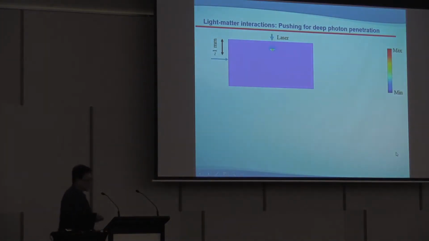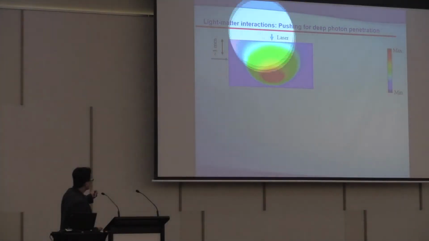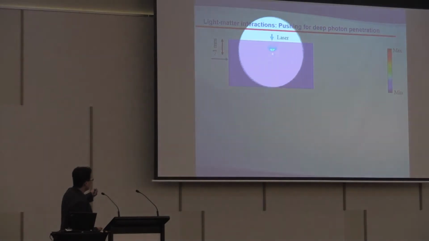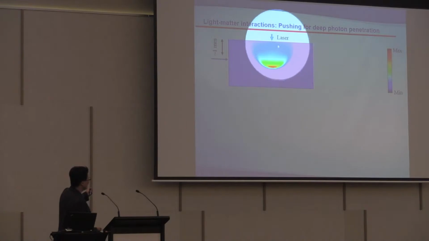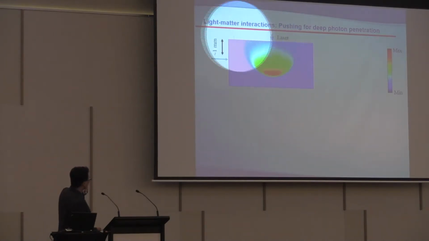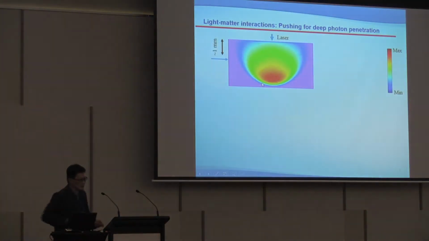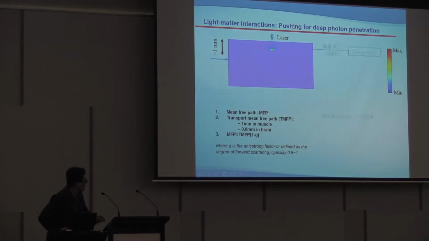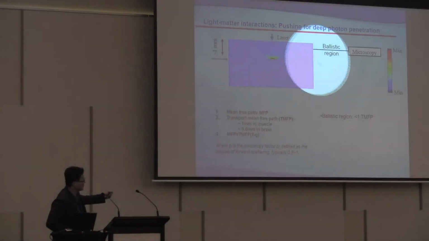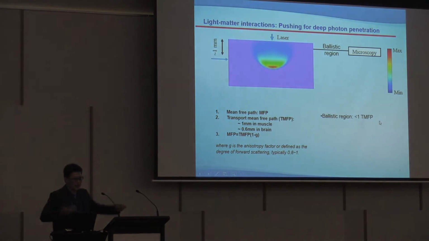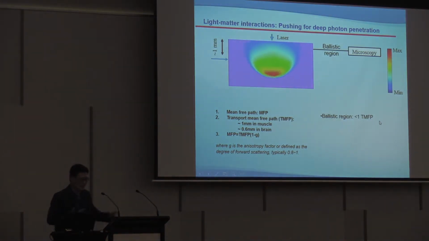Well, but the next question is how we can visualize these structural and functional processes. Shown here is a cartoon illustrating how laser light can penetrate biological tissue, but there is a limitation as to how deep the photon can penetrate, up to 1 millimeter. This is the so-called microscopic or ballistic region, where most of us have been conducting research using confocal or light microscopy.